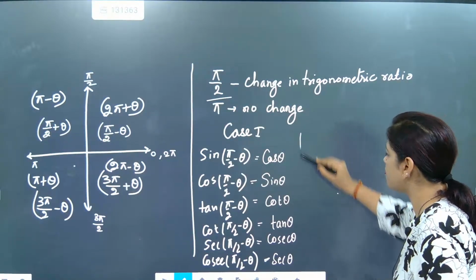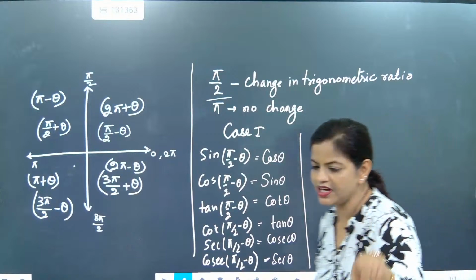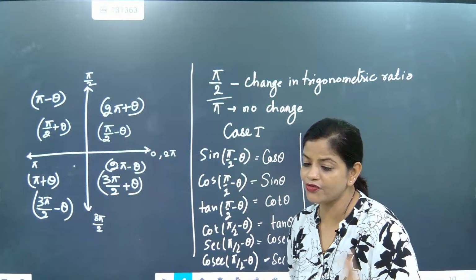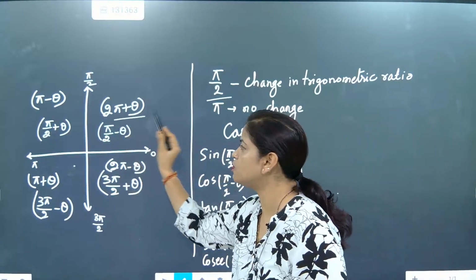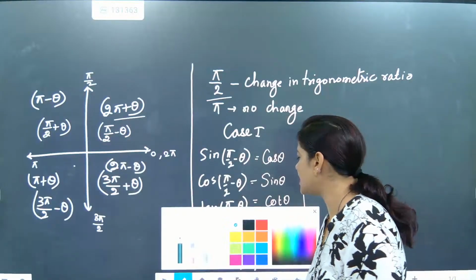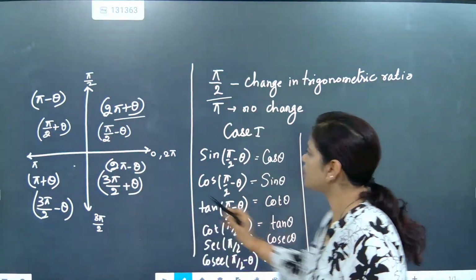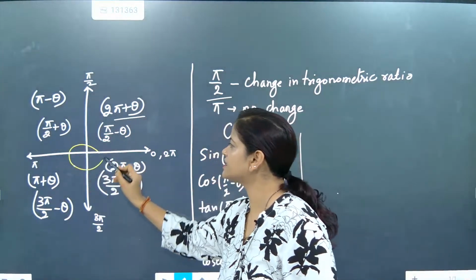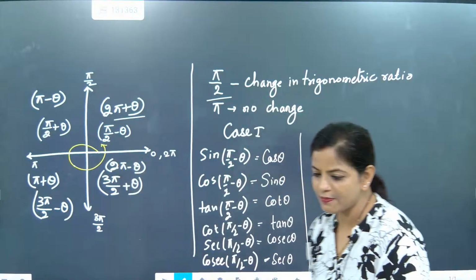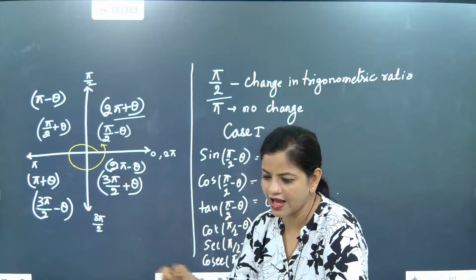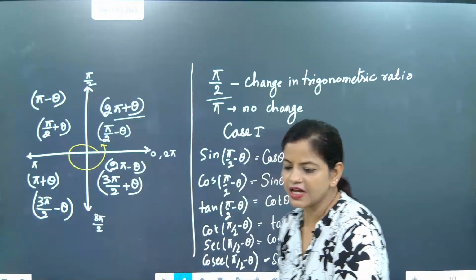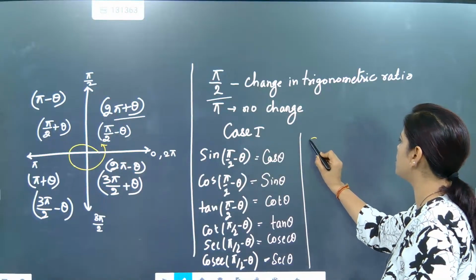Now here after one complete rotation, when you go for the first quadrant, it is coming as 2 pi plus theta. So when you are going there as 2 pi plus theta, what trigonometric ratios are you going to deal with?